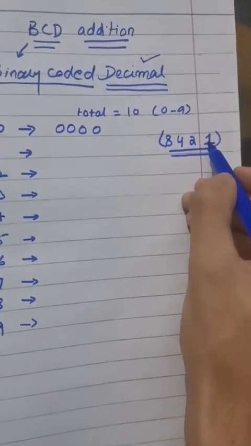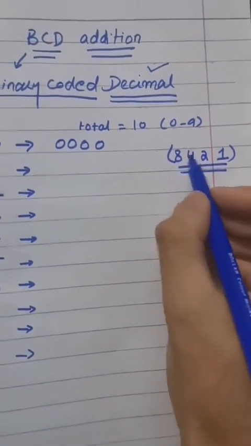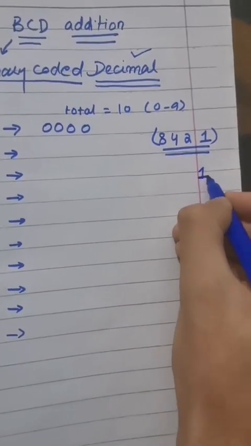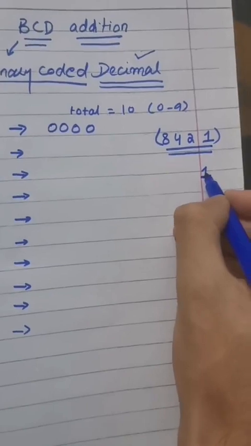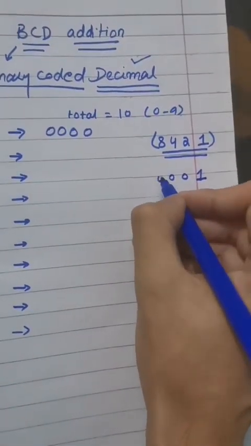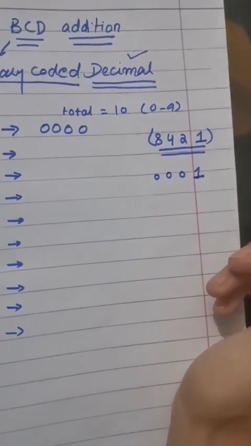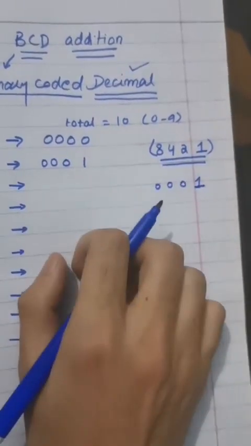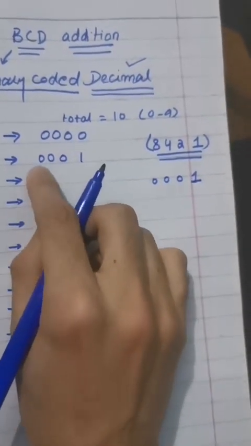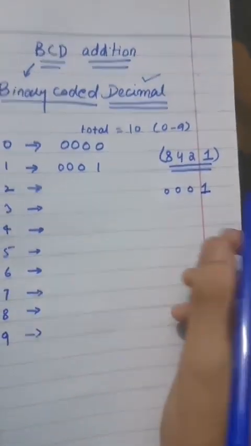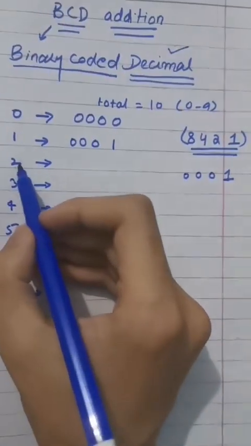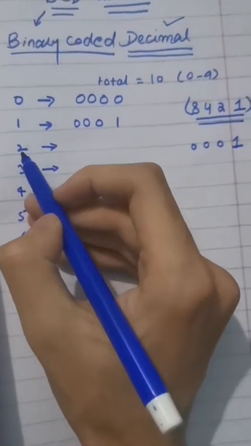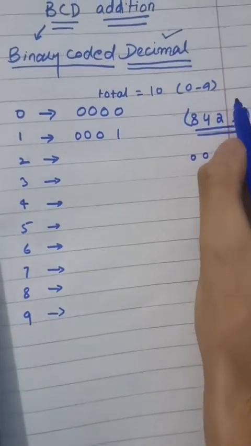Similarly for 1, you can see here 8421 is the code. You just have to turn this bit on, represented by the 1 state, and turn every other bit off, so the code will become 0001.